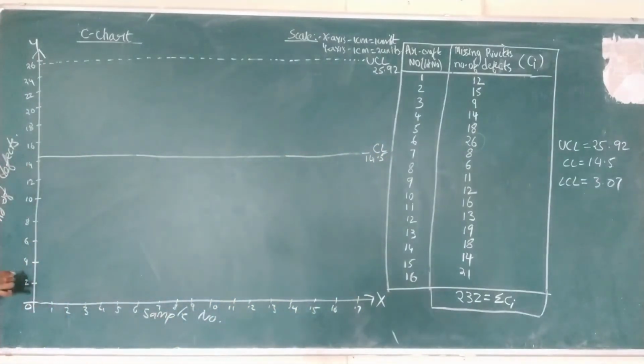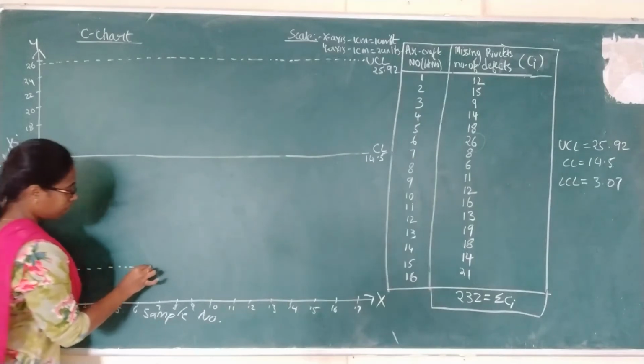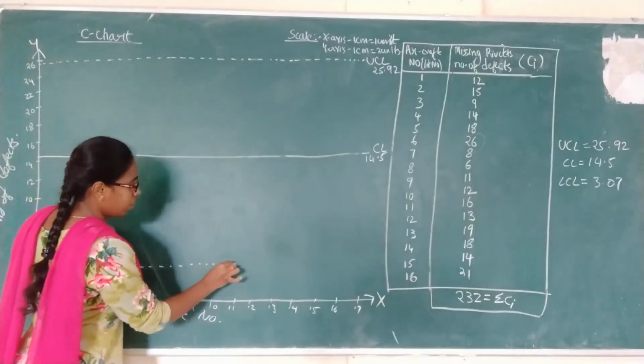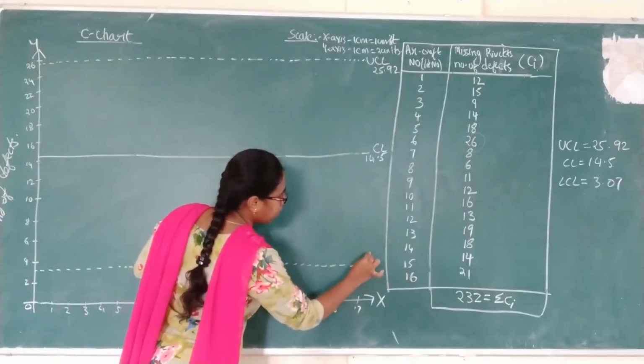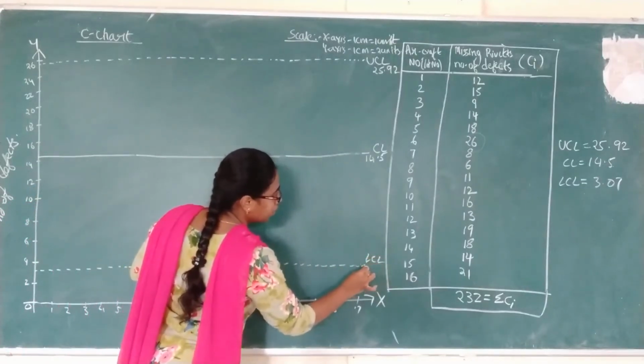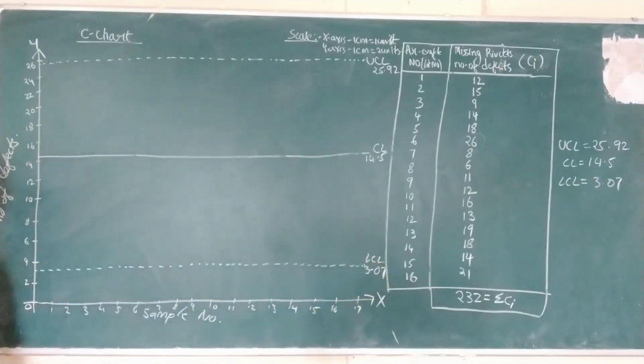That is near to 3 only. Draw a dotted line. So the LCL value is equal to 3.07. Now we have finished plotting of the UCL, CL and LCL values.